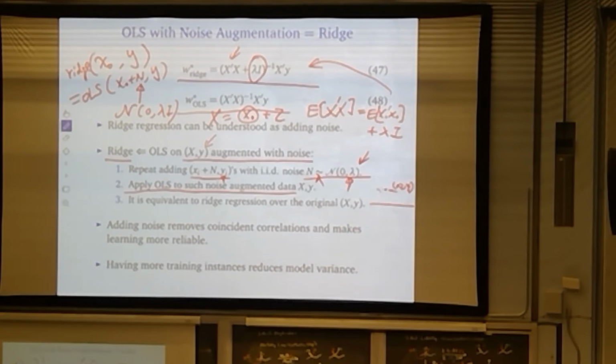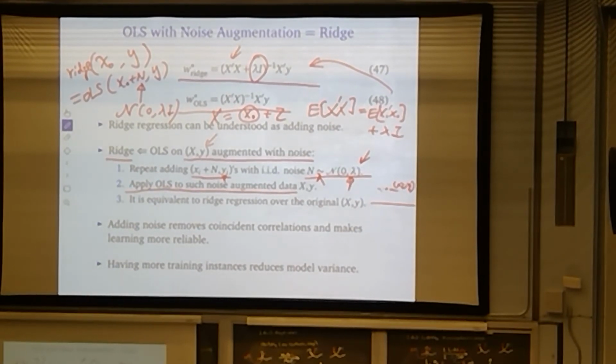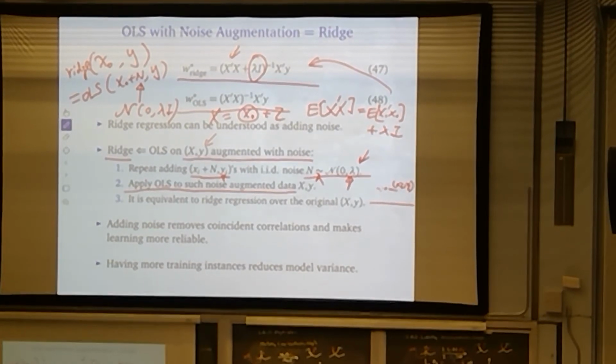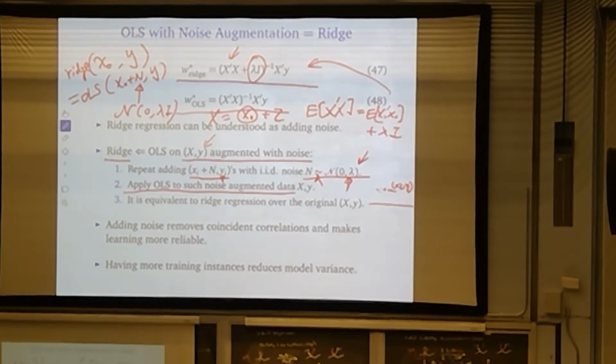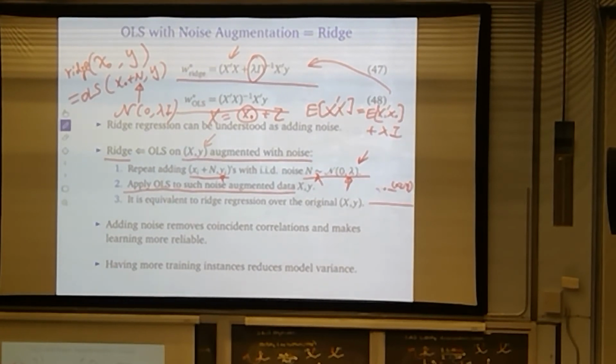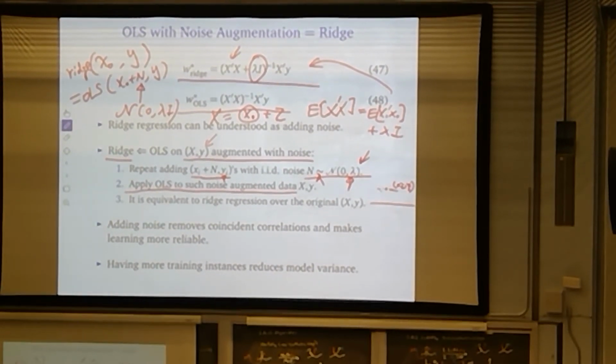As we learned from the bias-variance trade-off, having more training instances reduces model variance. So for those of you who have touched on deep learning, there are a lot of data augmentation techniques, right? You can see a lot of things can be understood even from the very fundamental linear regression: why data augmentation can improve the model prediction.